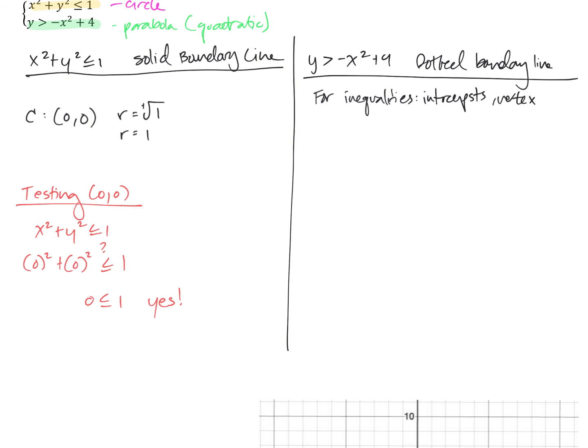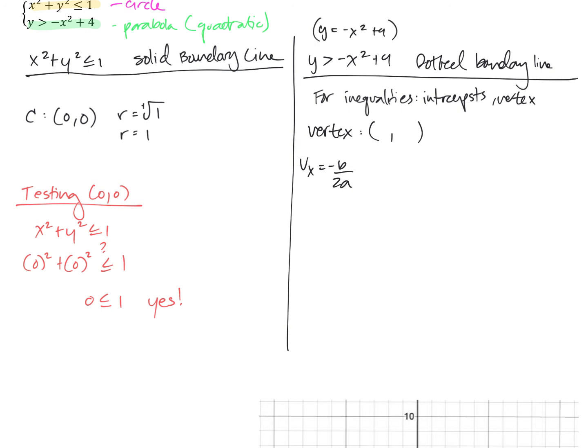Let's go ahead and find the vertex. For the vertex, remember we use negative b over 2a for the x value. So v sub x is going to be negative b over 2a. For our boundary line, we can just think of it with the equal sign.